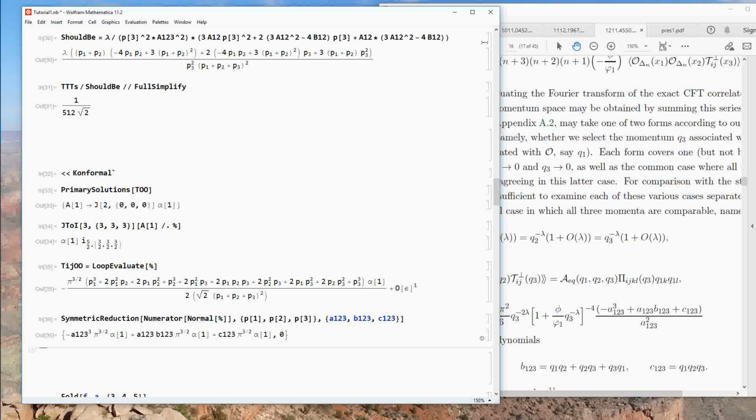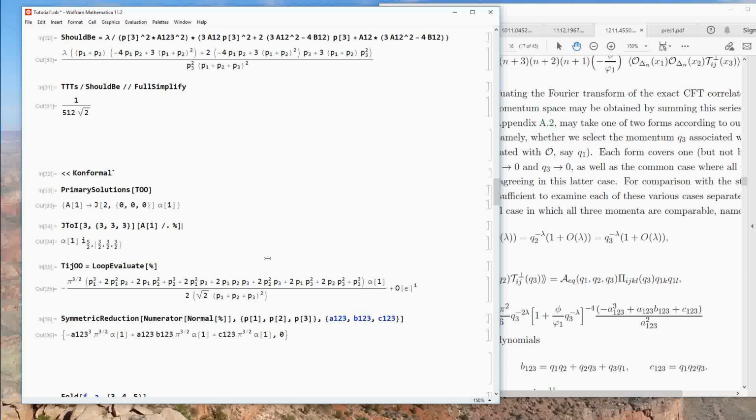So we found the three-point function of the stress tensor and two operators, or at least we found the transverse traceless part of the three-point function of the stress tensor and two operators of dimension 3 in 3 spacetime dimensions. And now we can check it, or basically evaluate the value of the theory-dependent constant in a specific theory.